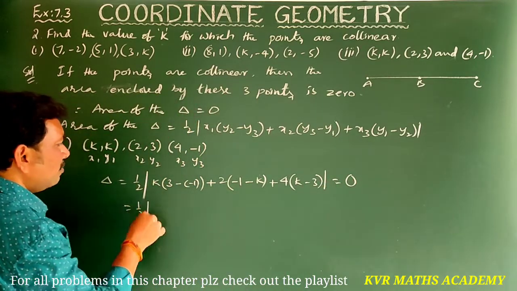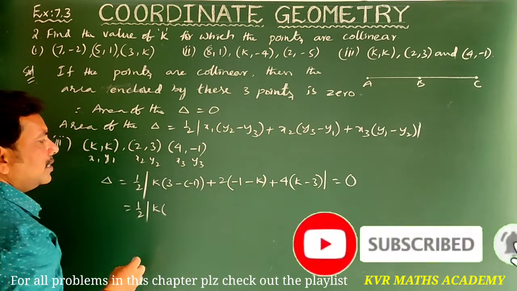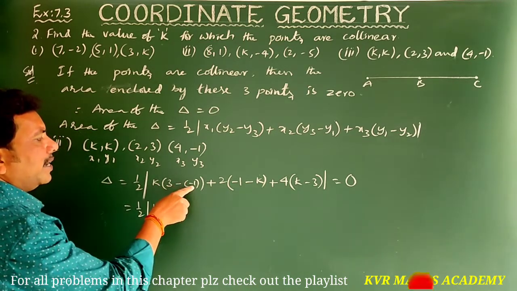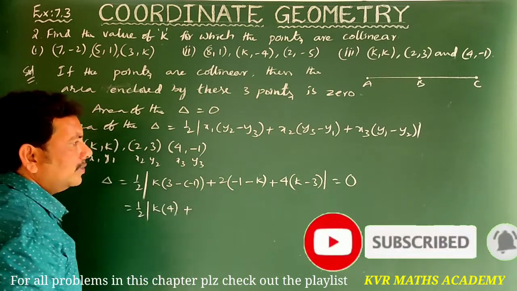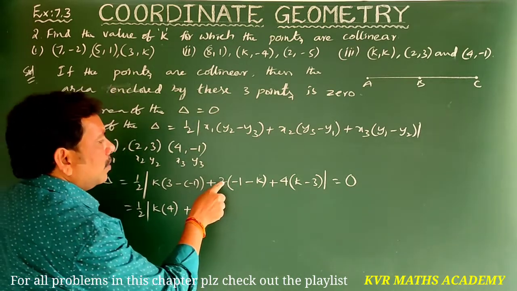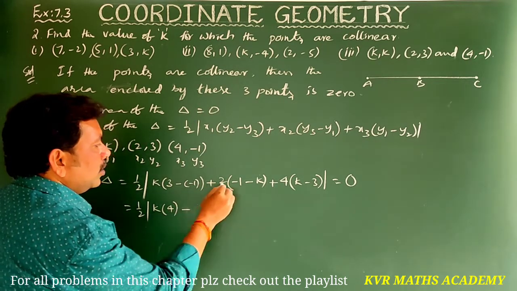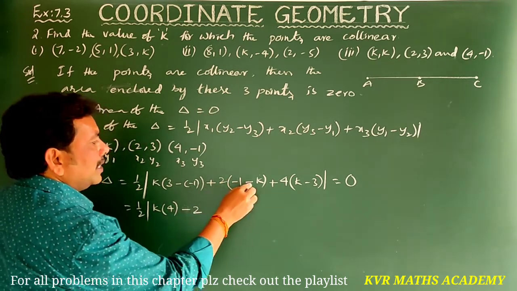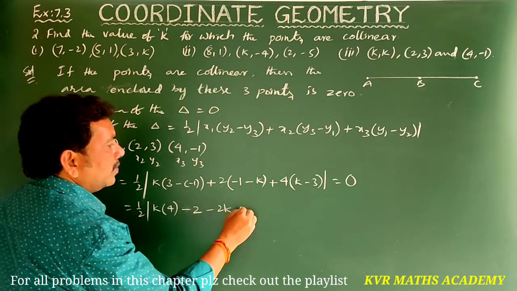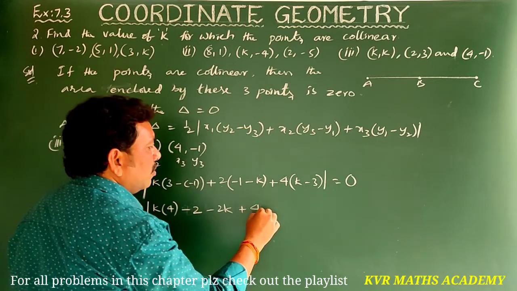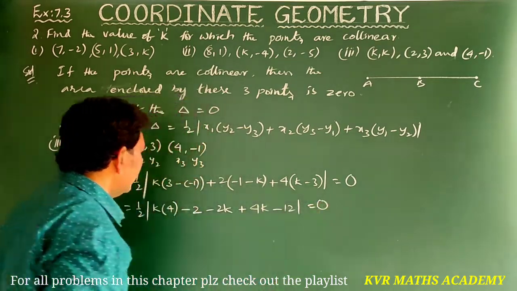Yes. So half modulus of k into minus 3 plus minus into minus plus, 3 plus 1, 4. Plus this will be, see here plus into minus minus, 2 ones are 2, plus into minus minus 2 into k, minus 2k, plus 4 into k, 4k, minus 4 3s are 12 is equal to 0.